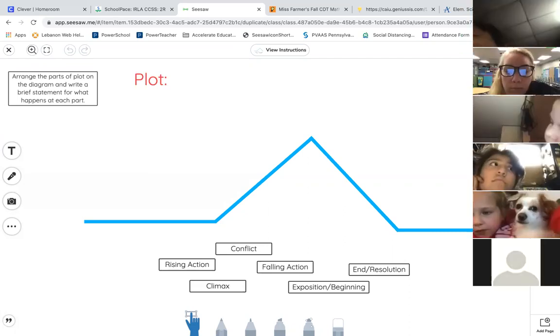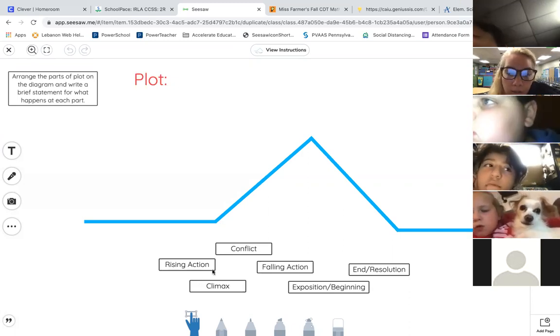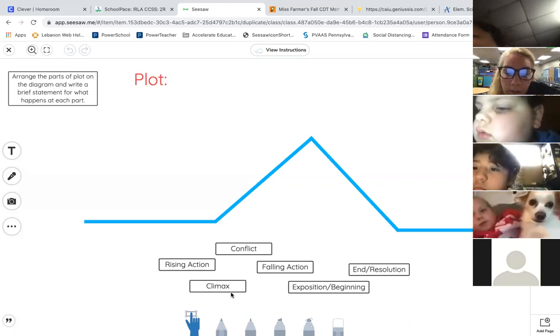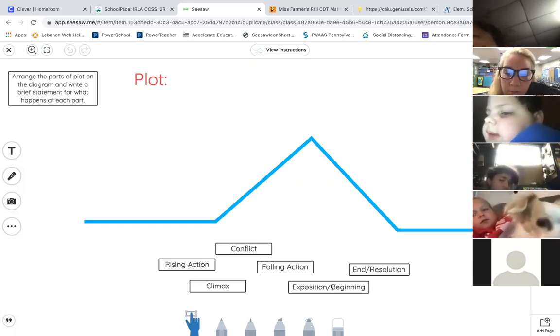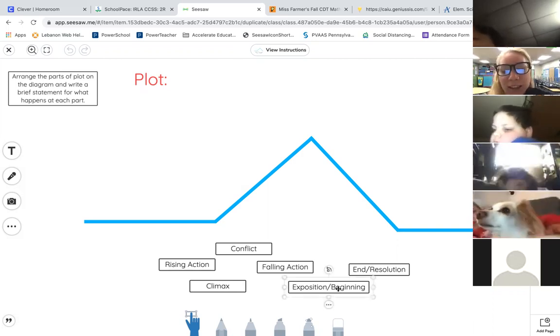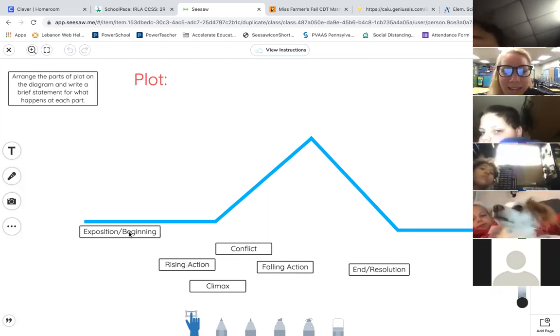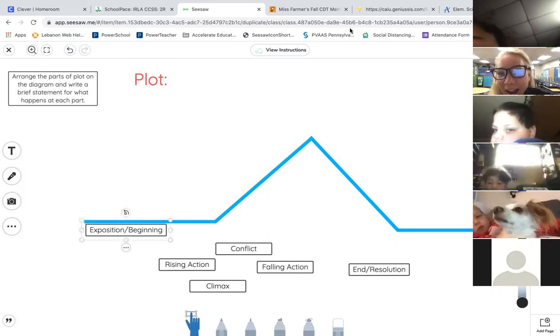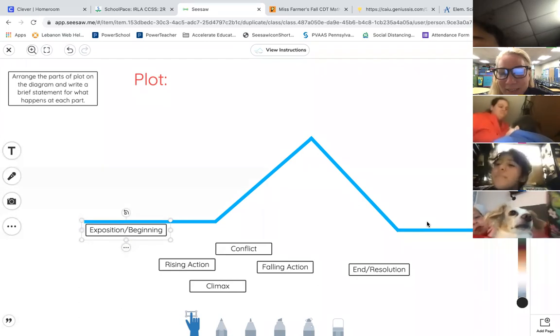Somebody tell me. Rising action, conflict, falling action, climax, exposition, beginning? Dawson, you're so smart. You think I'm going to put the beginning one in the beginning? You're a genius. I'm totally putting the beginning one in the beginning. Good job.